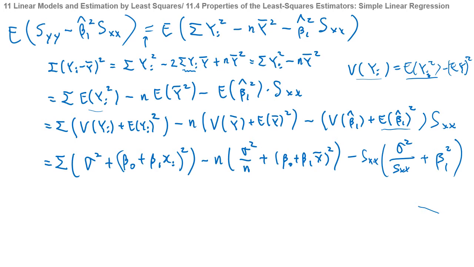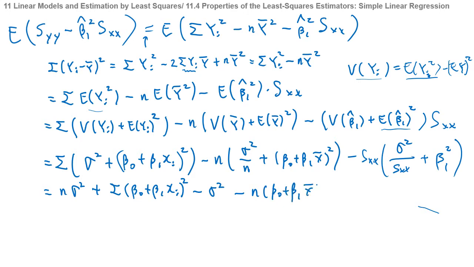So this is what I get, and from here this is n times sigma square plus the sum of beta 0 plus beta 1 xi square and minus sigma square, minus n times beta 0 plus beta 1 x bar square and minus sigma square, minus sxx beta 1 square.